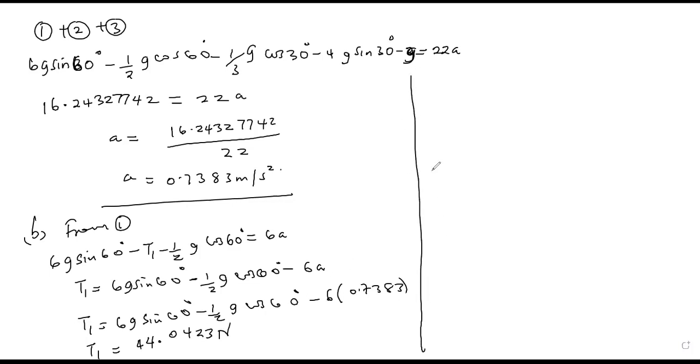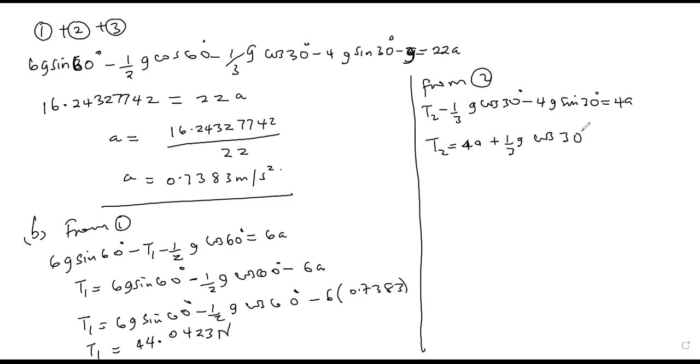And if you look at equation 2, it is saying that T2 minus a third G cos 30 minus 4G sine 30 is equal to 4A, implying that our T2 is going to be equal to 4A plus a third G cos 30 plus 4G sine 30.